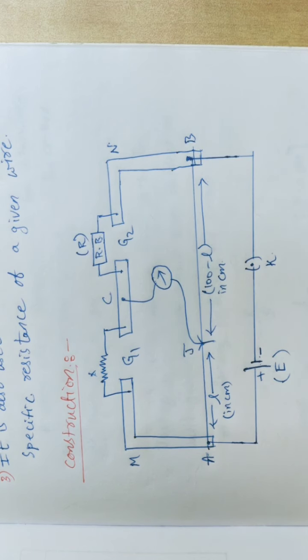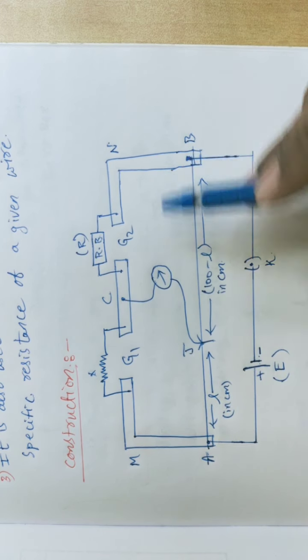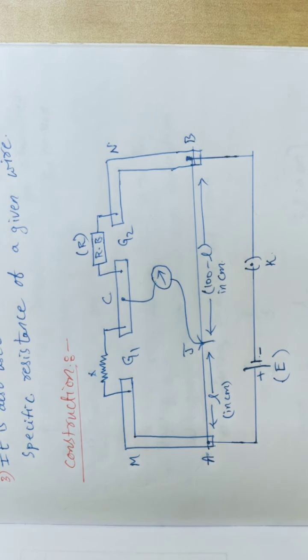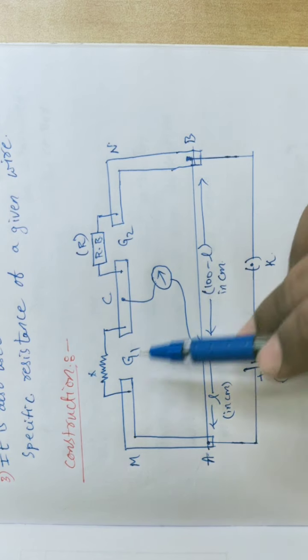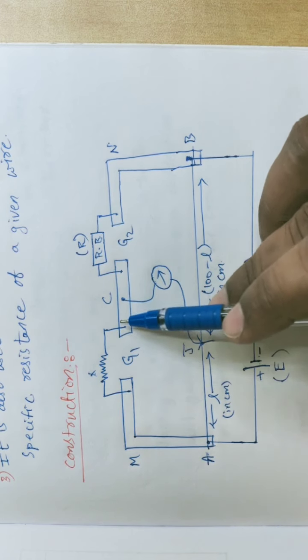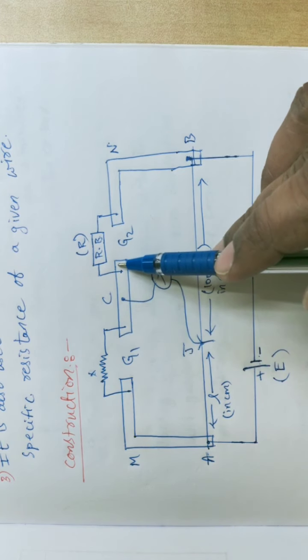These are just metallic strips, we can call them. In which shape are this M and this N present? Both are L shaped. In between these two strips we are introducing one more metallic strip like this.